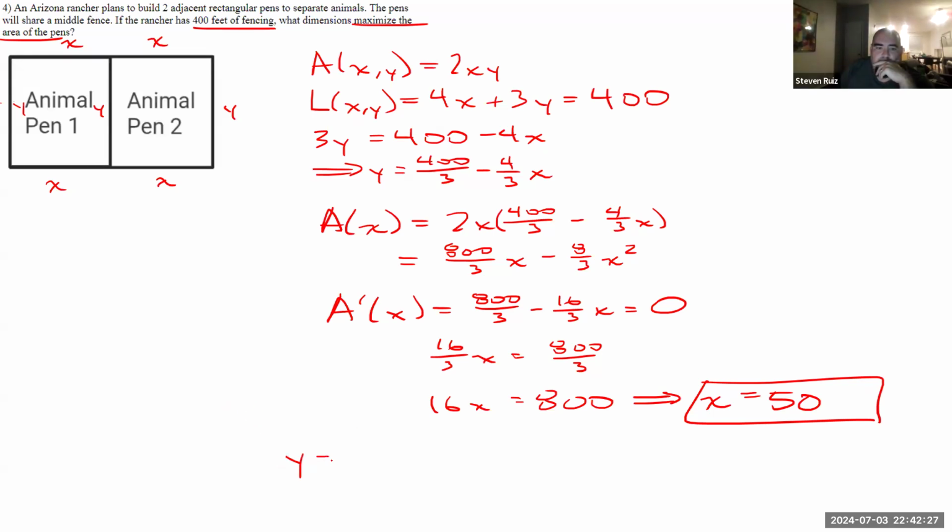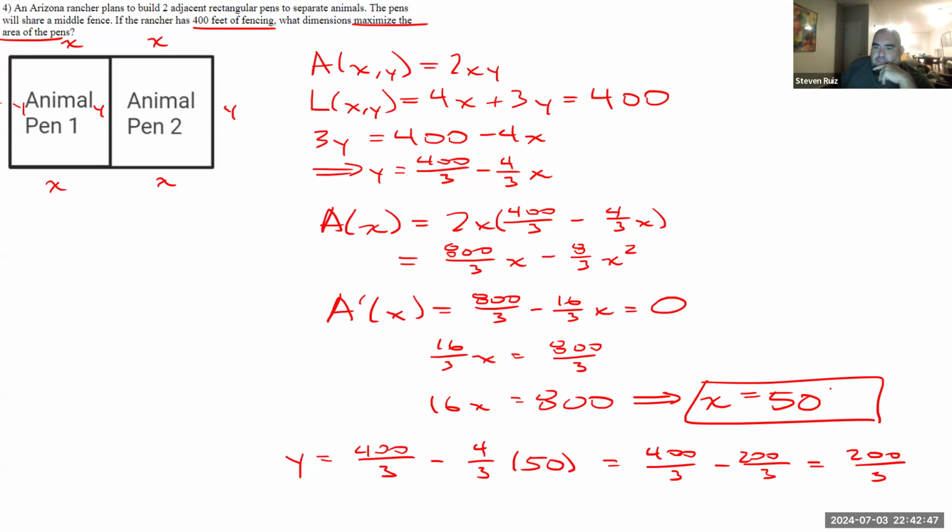So y equals 400 thirds minus 4 thirds times 50, which will be 400 thirds minus 200 thirds, or all told 200 thirds. So 50 feet by 200 over 3 feet. So those are the dimensions that give us the maximum area of this configuration.